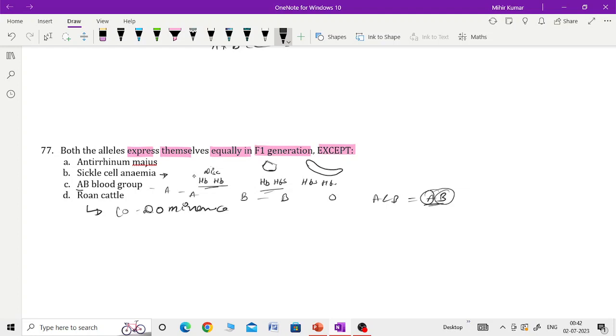Means this is also not a correct answer. Antirrhinum majus, this belongs to the snapdragon, and this is the example of incomplete dominance.